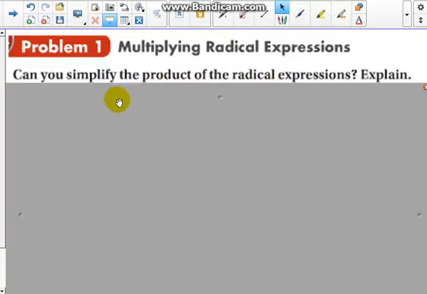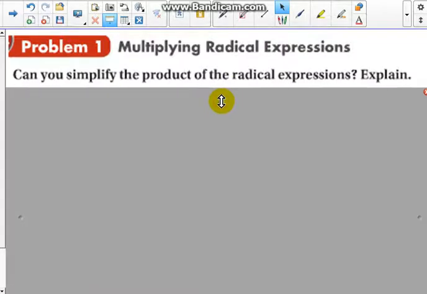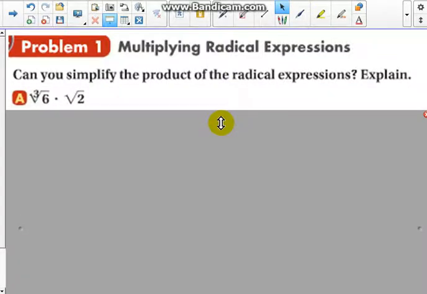Our first problem, multiplying radical expressions, asks us, can you simplify the product of the radical expressions and explain? The first problem says cubed root of 6 times square root of 2. You need to look at the index. We've got a 3, and this one would be a 2 because it's a square root.